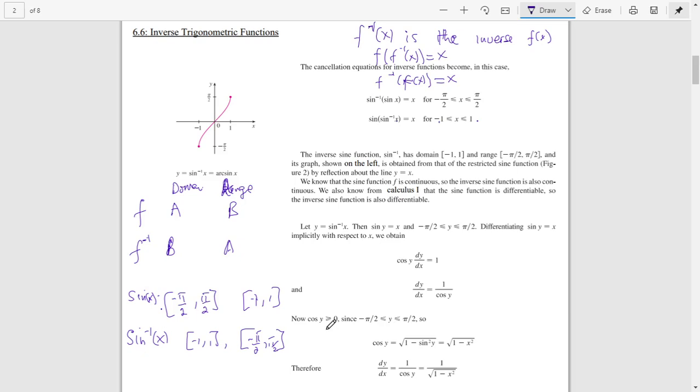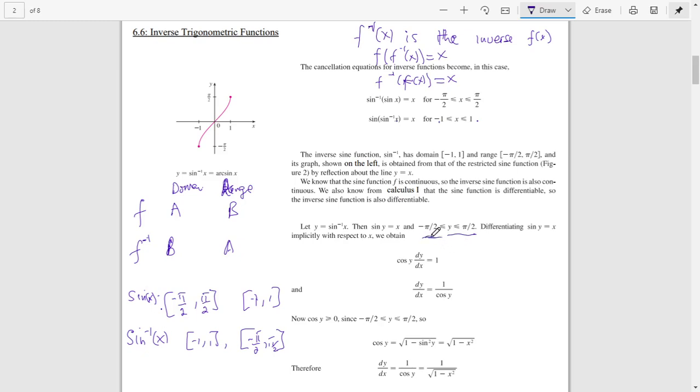Now, we know that cosine of y is bigger than 0 for y in this domain. Remember, cosine is an even function, so both positive and negative give you the same value.